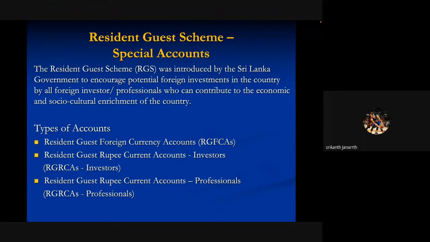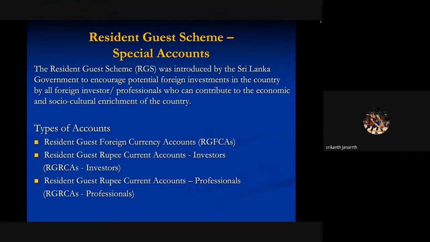If you invest $1 million in another country, you can get a visa to go and stay there. Likewise, if a foreigner wants to come to Sri Lanka, there is a resident guest scheme special account, introduced by the Sri Lanka government to encourage potential foreign investment coming into the country. So those people can bring investment into the country and remain here as a guest.